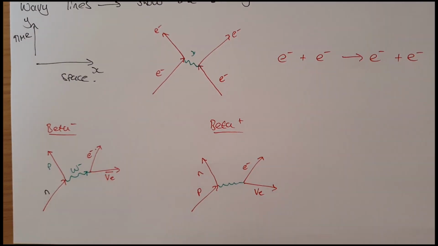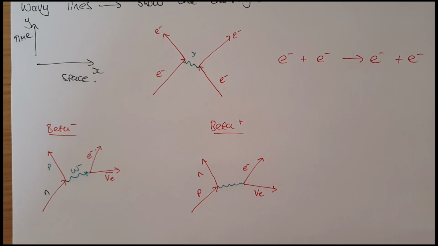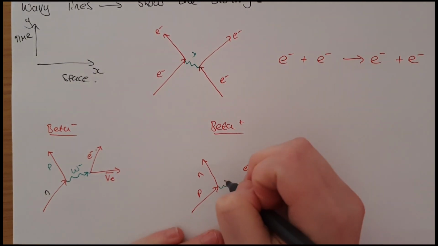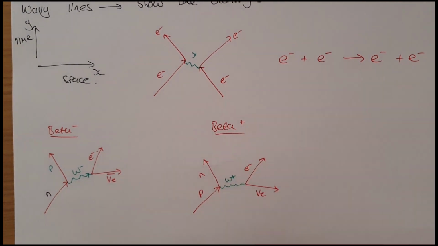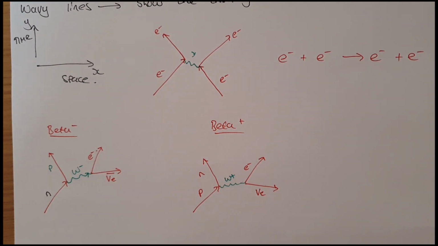I feel like beta plus is easy to understand here. I've got a proton and I need to get to a neutron. That means I need to chuck away some positive charge. Well, the way I throw away that positive charge is I give a W plus boson. Like that. So they're Feynman diagrams. They show what's happening in terms of space and time and follow a convention.